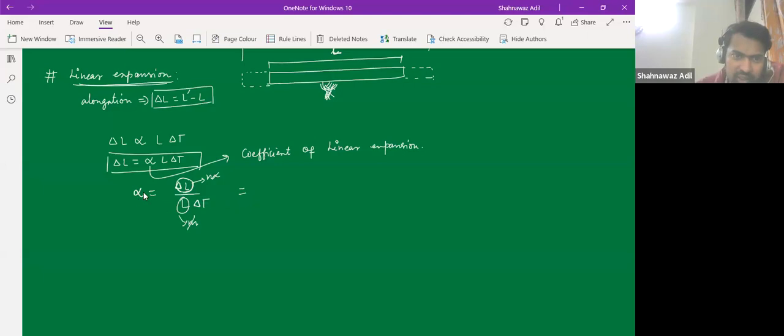The SI unit of alpha would be Kelvin inverse, or we can write this as degrees Celsius inverse. So these would be the units of this coefficient.